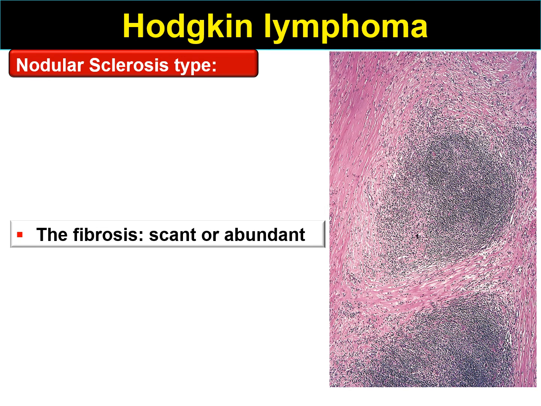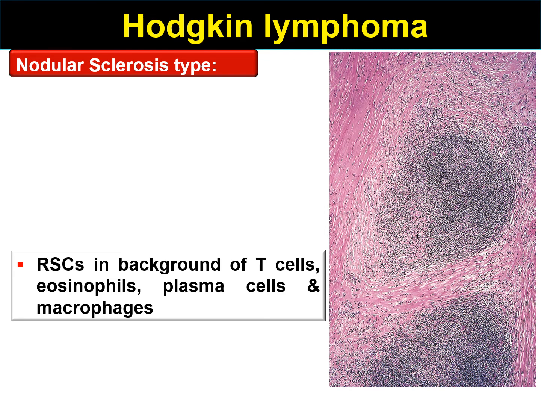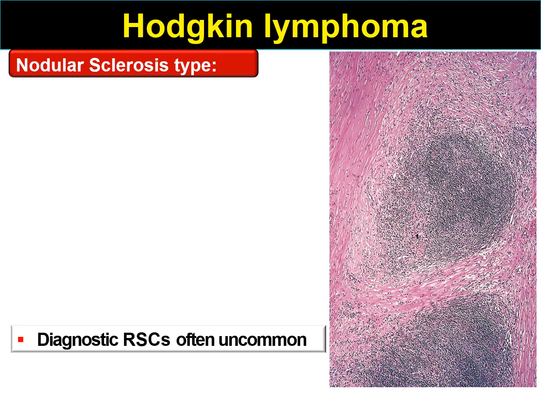There is a presence of fibrosis that can be scant or abundant. The Reed-Sternberg cells are in the background of T cells, eosinophils, plasma cells, and macrophages, and the diagnostic Reed-Sternberg cell may often be uncommon.